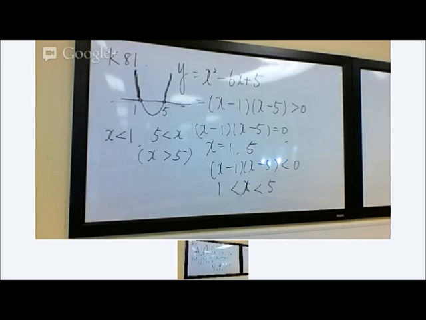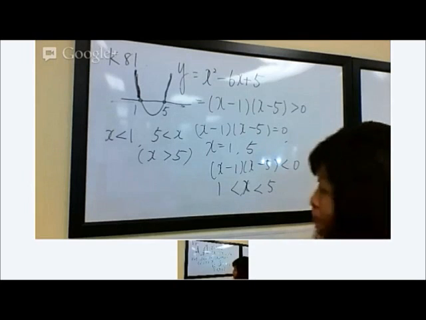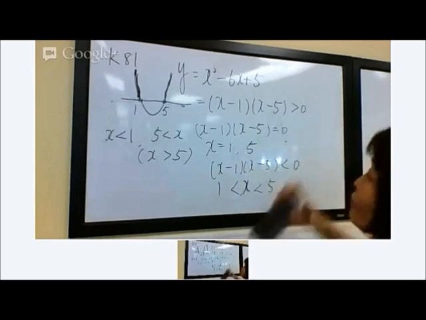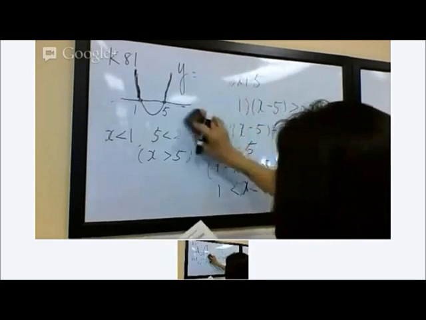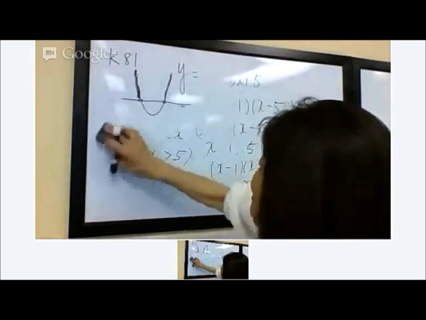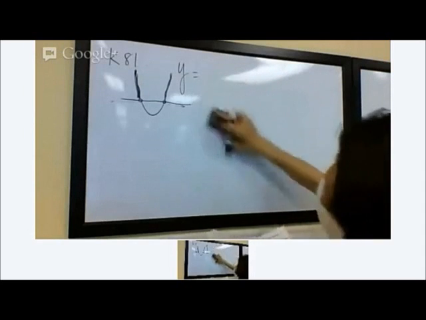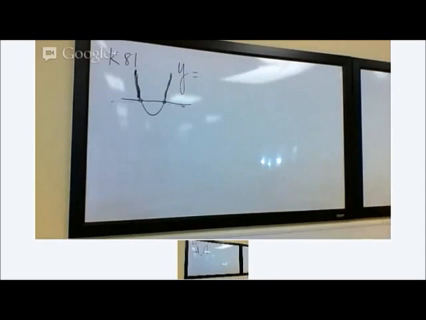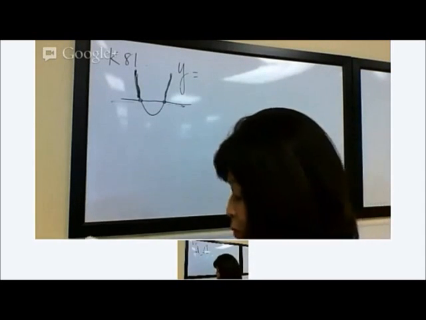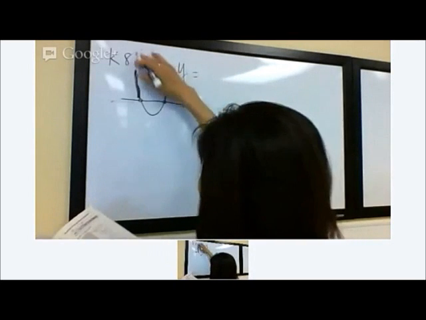For instance, page 82, number 1. We wish we could factor all the time, it's easier, but some questions cannot be factored. So in that case, 82 now.